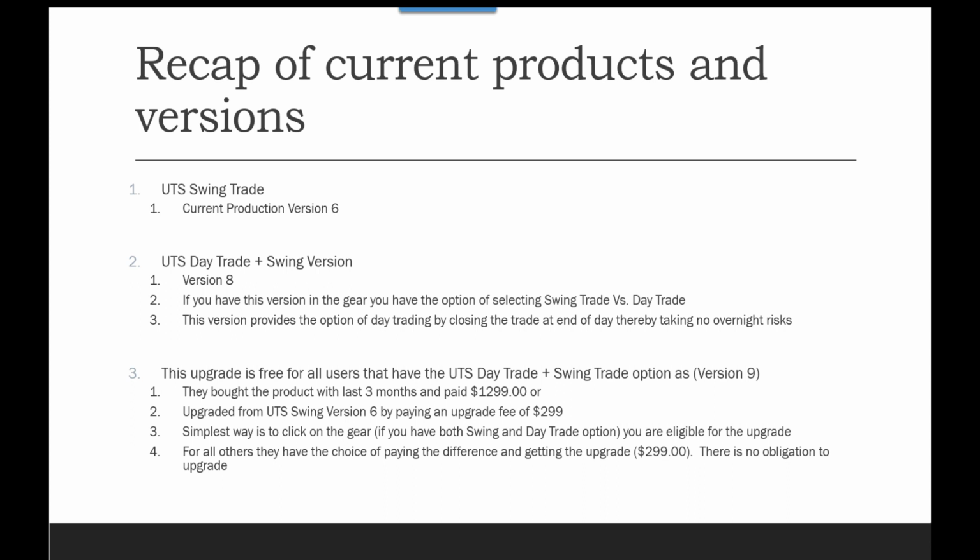As far as version 6 is concerned, that product is relatively stable. I haven't made a whole lot of changes, and I envision I'll mostly do bug fixes on that going forward. And most of the new development will now continue on the UTS day trade plus swing trade version. So with the most current release, everybody will get upgraded to version 9.